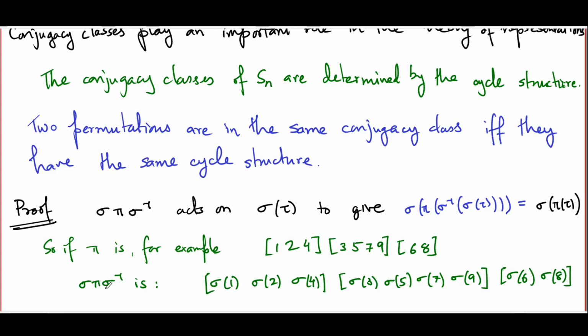The resulting permutation after you conjugate is also one which has a 3-cycle, 4-cycle and 2-cycle. Now while we illustrated this with a particular example, it should be pretty easy to generalize this to any situation. If pi has a certain cycle structure, sigma pi sigma inverse will have exactly the same cycle structure, with just the elements within the cycle labels being changed by the application of sigma.